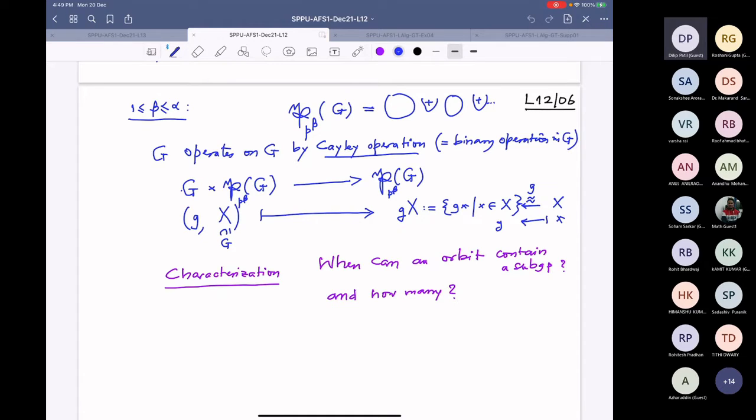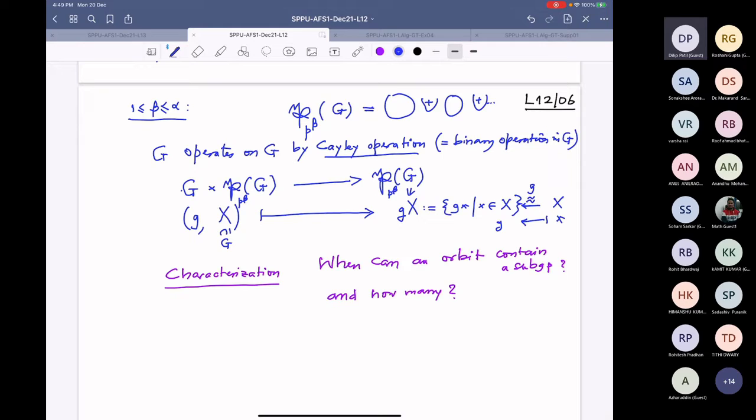This is clearly an operation. You have to note that if X has cardinality p power beta, and g is any element in G, then gX also has cardinality p power beta. Therefore, indeed, gX belongs to this set, and the operation conditions, 1 and 2, are satisfied.